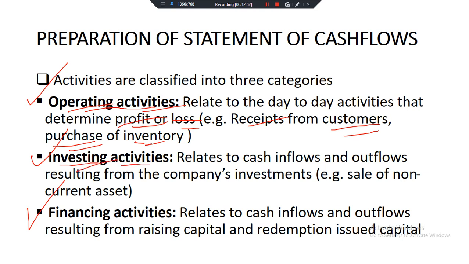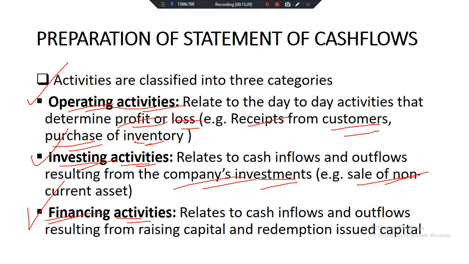Then investing activities relate to the cash inflows and outflows resulting from the company's investments. So you sell non-current assets, for instance, you receive interest, you buy a patent, that's an intangible asset. All those are included in investing activities. Then you've got financing activities.